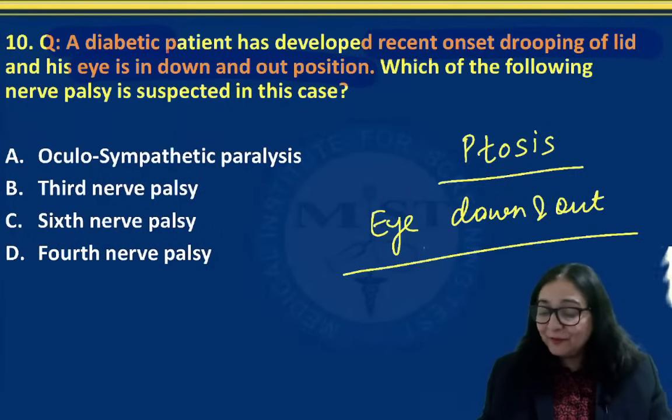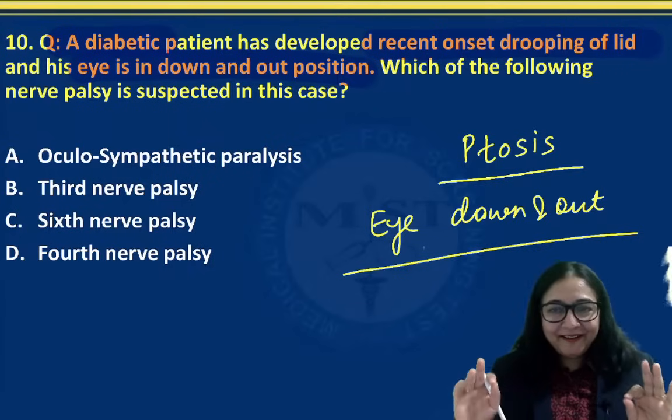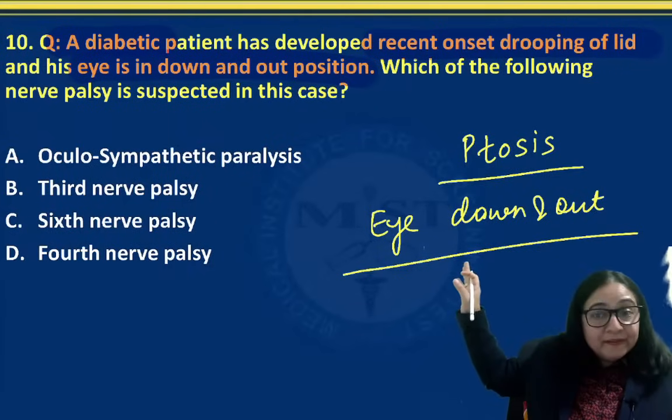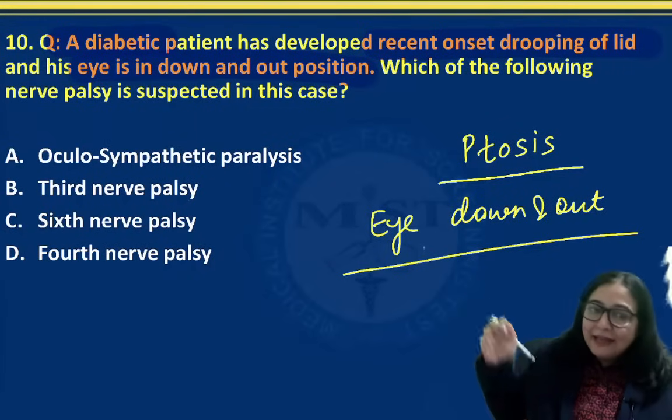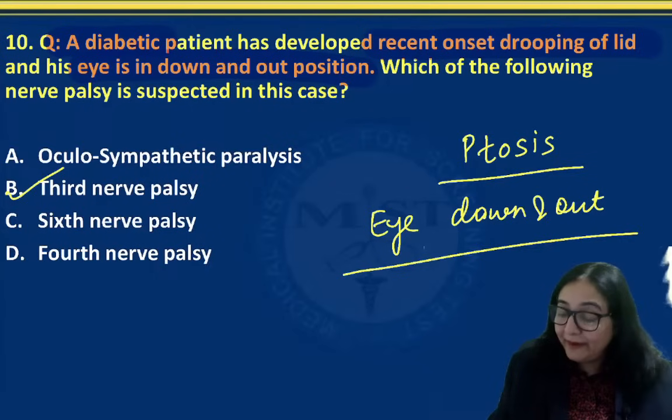Very nice. So nice to know that every one of you is giving the right answer here, because again these are the key words in this question, beta. Ptosis, down and out eye, there is no doubt it means it is a third nerve paralysis.